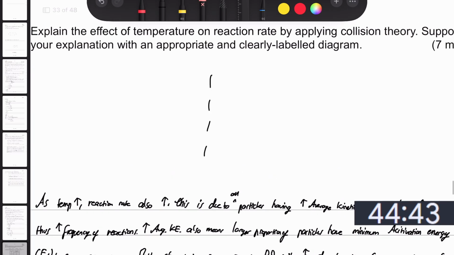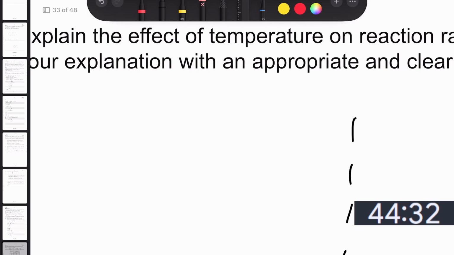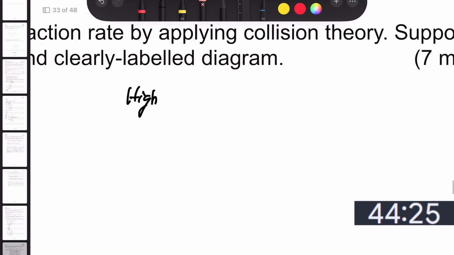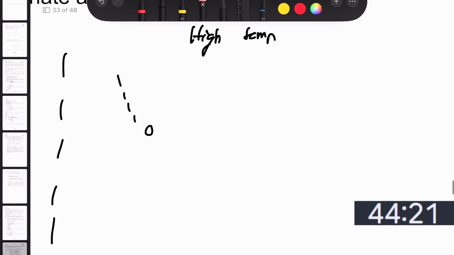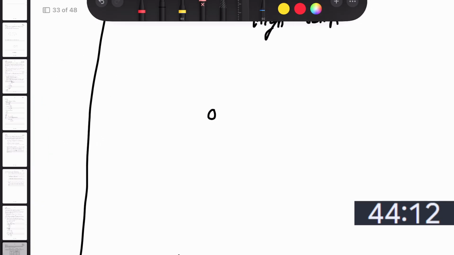So what if I do increased temp, or let's say moderate temp and then high temp. So for high temp, I'm going to see particles. I think I'll just draw this as a straight line, the separating one, just to make it really clear.